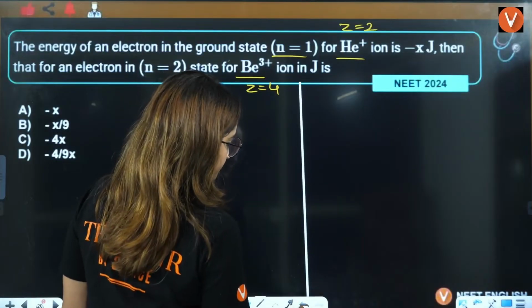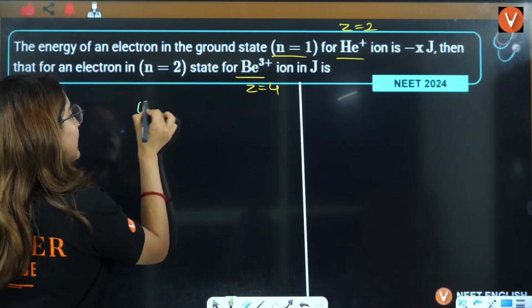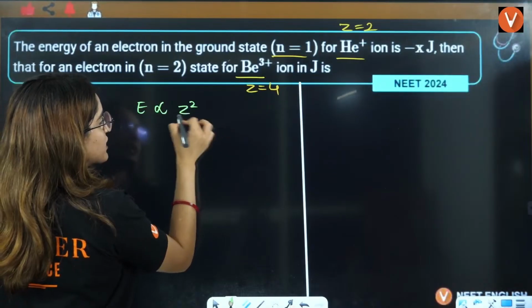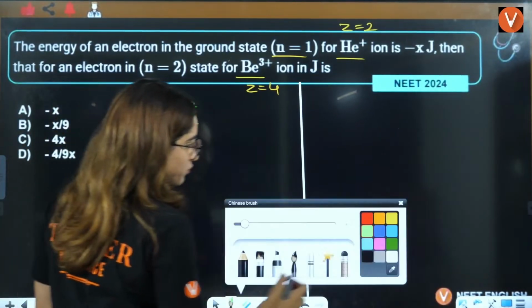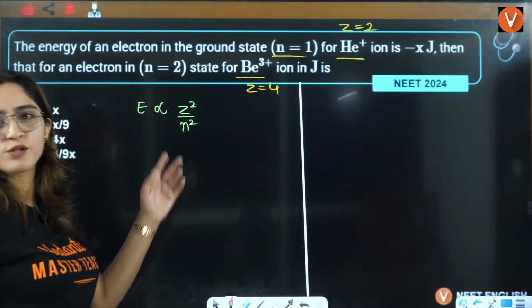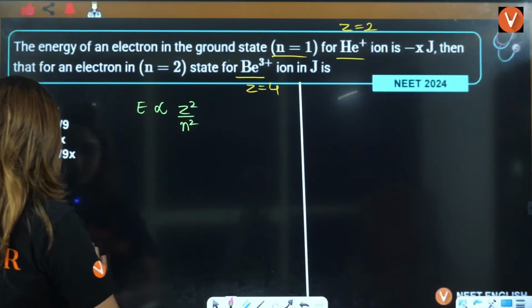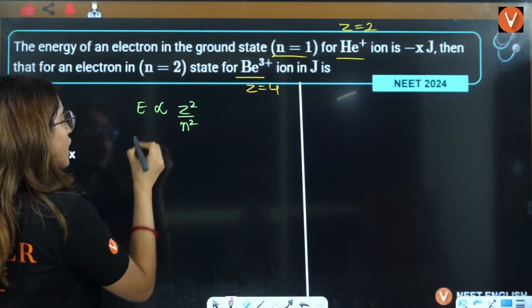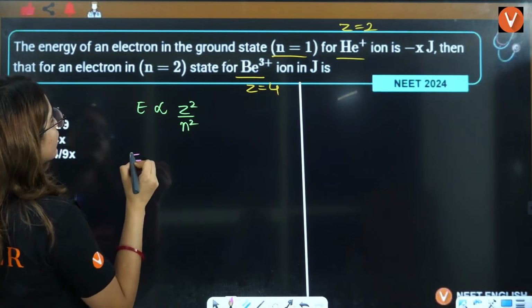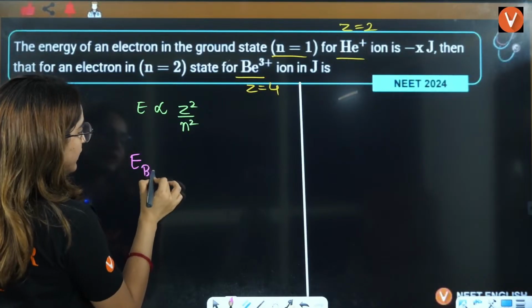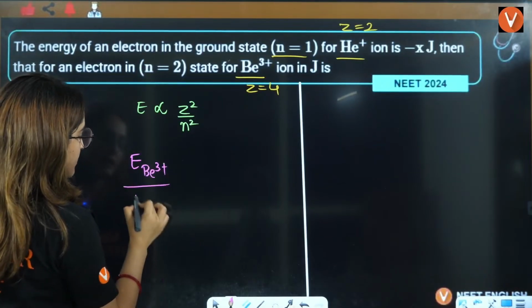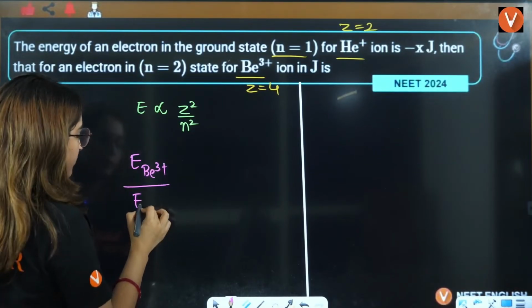So now I'll just take one line and separate this. We know that energy is directly proportional to Z square by n square. I think it is going to be the same, because for velocity also it came out the same, as they cancel each other eventually. Now we'll take the energy of beryllium 3 positive and the energy of helium positive.